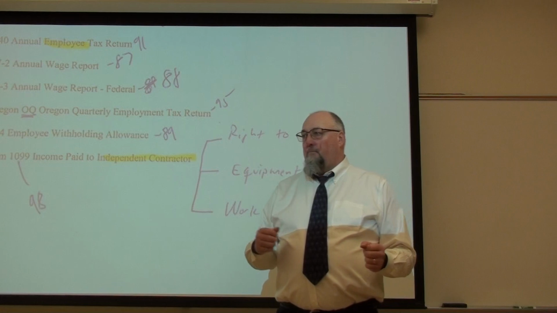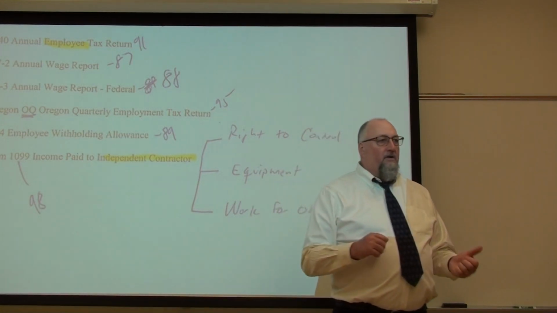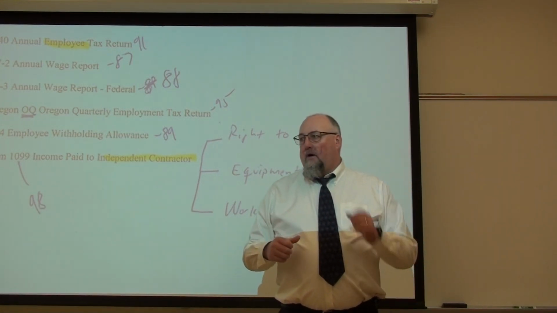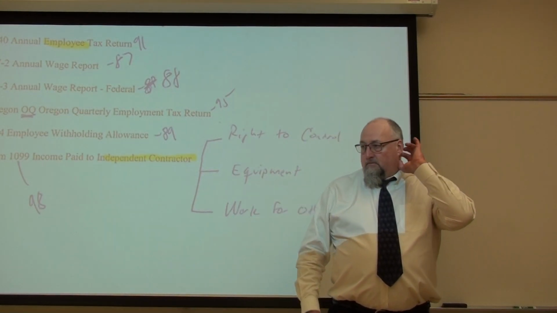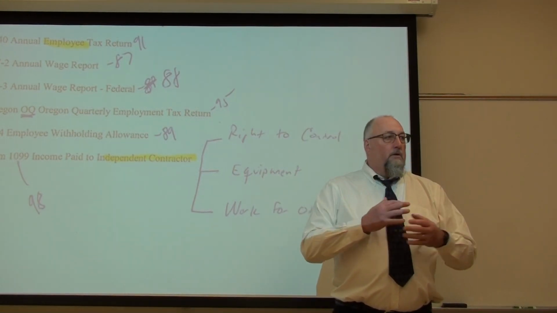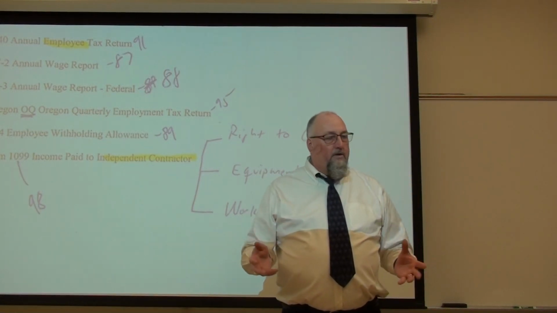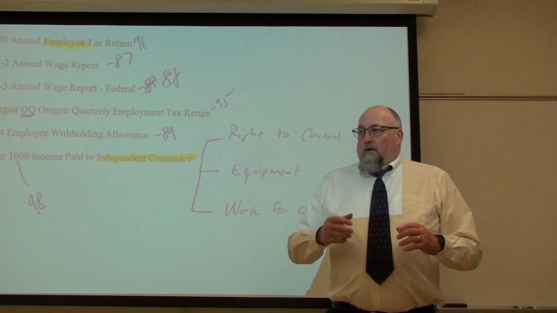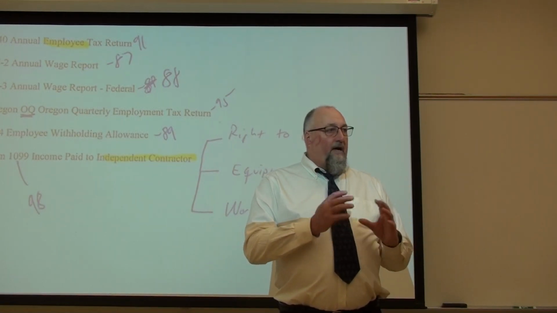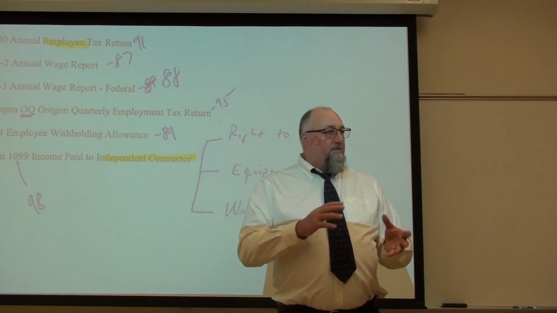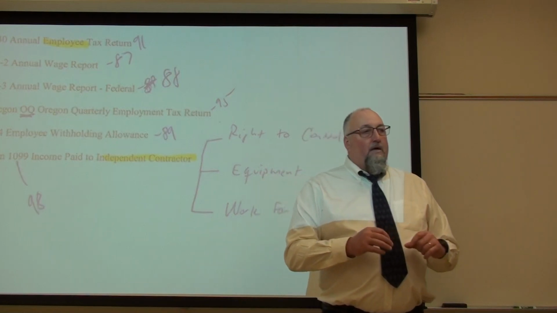I can tell you where to be, when to be, what hours are going to be, how and where, if you're going to wear a uniform. Basically, I control your work and how you're going to do it. In that case, you're my employee, because that's one of the tests. If I can tell you what to do, that's part of being an employee.